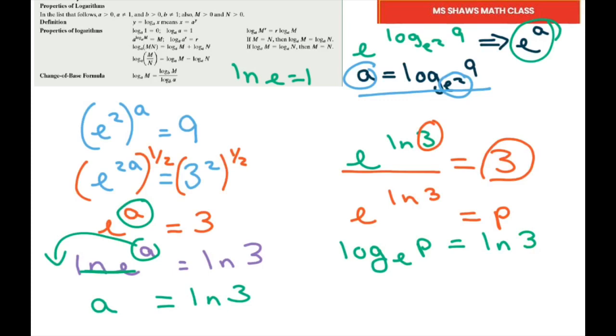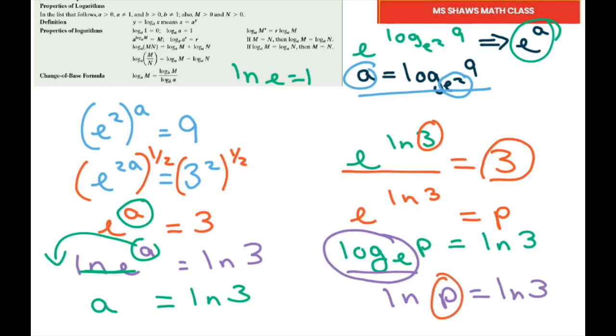And ln, or log base e, is another form of writing ln. ln is a shorthand for writing log base e. So we have ln of p equals ln of 3. Therefore, your p equals 3, because that would go away. Or just kind of know that that's supposed to equal 3.